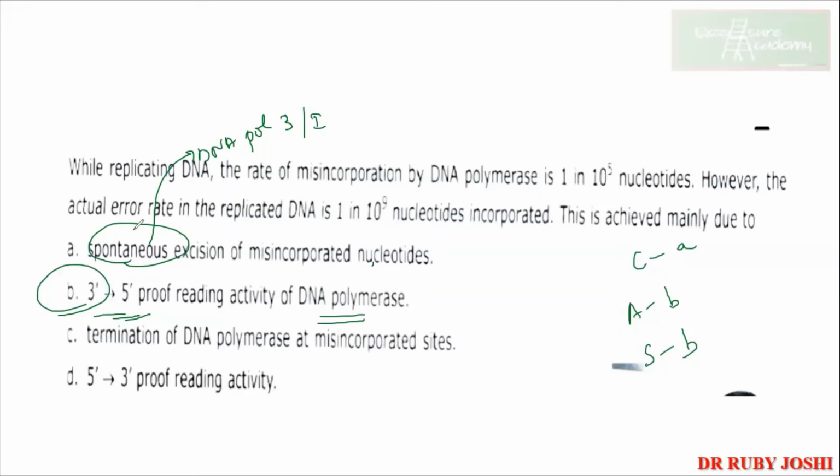You can have spontaneous mutation, because of which there will be a wrong incorporation of nucleotides, but you cannot have spontaneous elimination of the nucleotides. That doesn't randomly happen in nature during replication. Of course it is not termination, and 5' to 3' proofreading activity is also not it. So the answer is the 3' to 5' proofreading activity of the DNA polymerase.